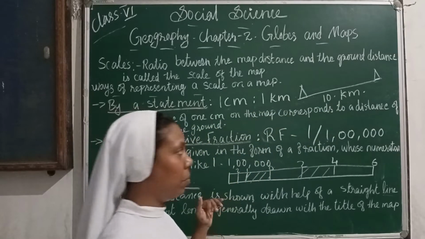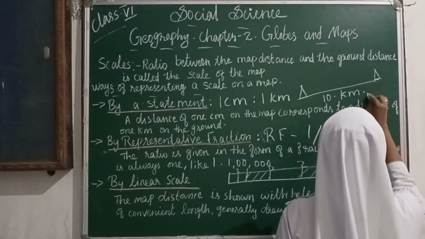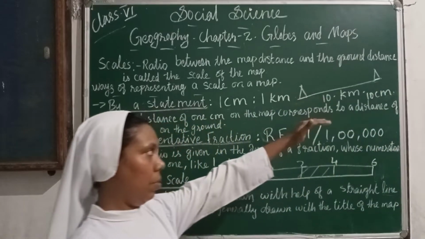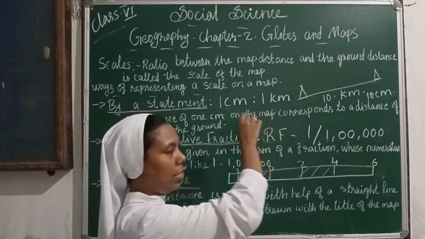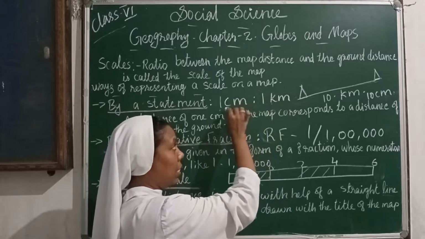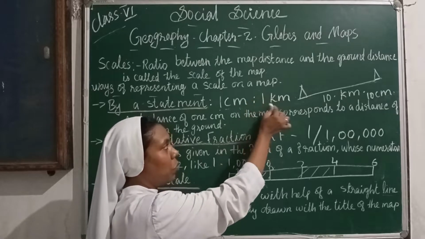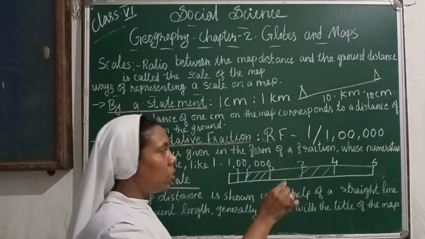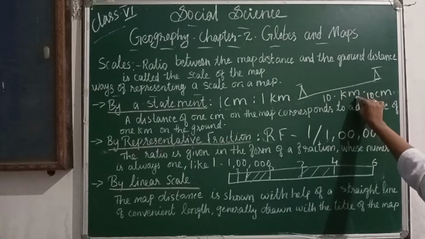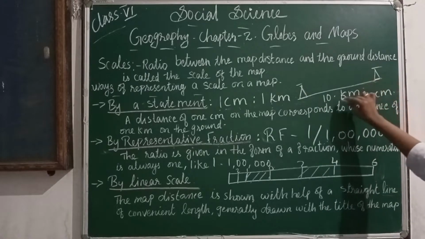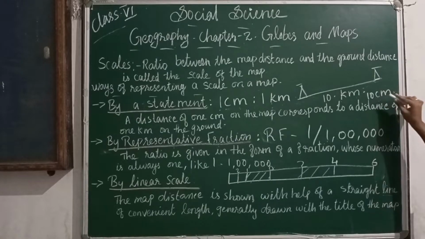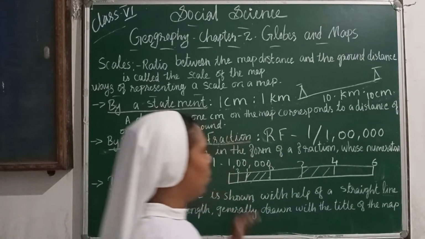It will be 10 centimeters, because we studied that 1 centimeter on the map is equal to 1 kilometer on the ground. So from your house to the market, 10 kilometers on the ground comes to 10 centimeters on the map.